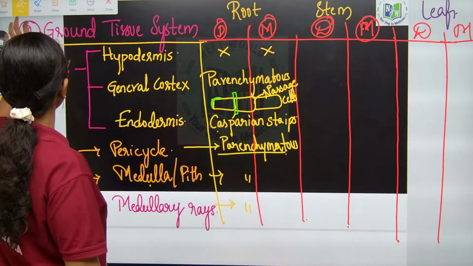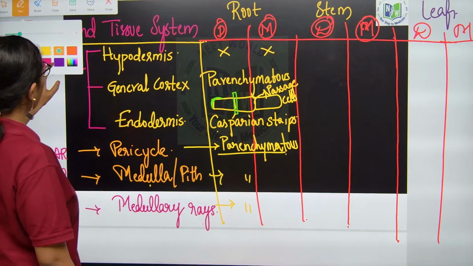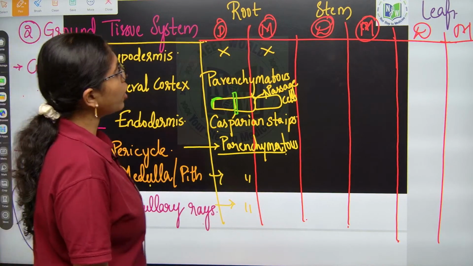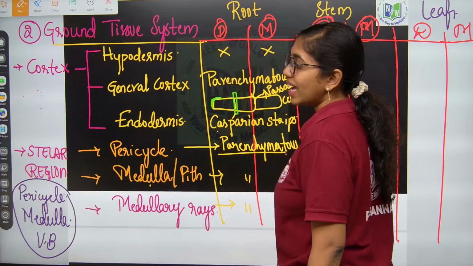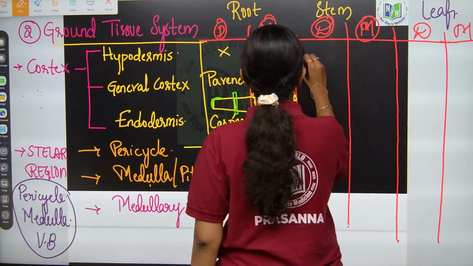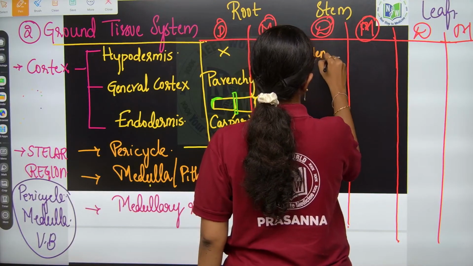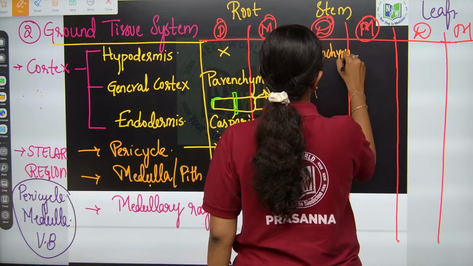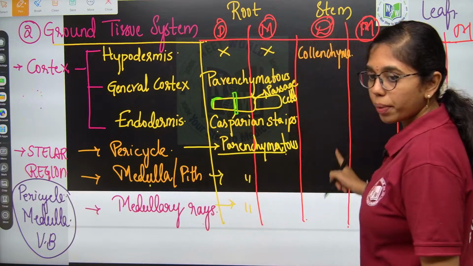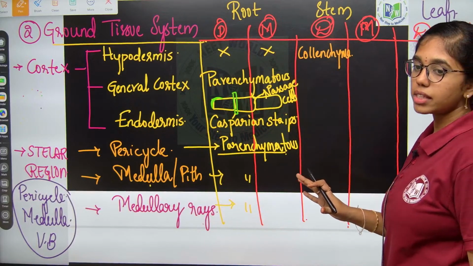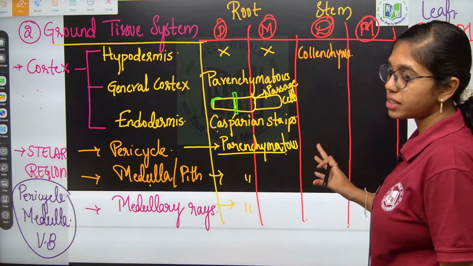Now you see dicot and monocot stem. Hypodermis in dicot stem is collenchymatous. If you understand this table properly, then the comparative analysis between dicot and monocot will be easy for you.